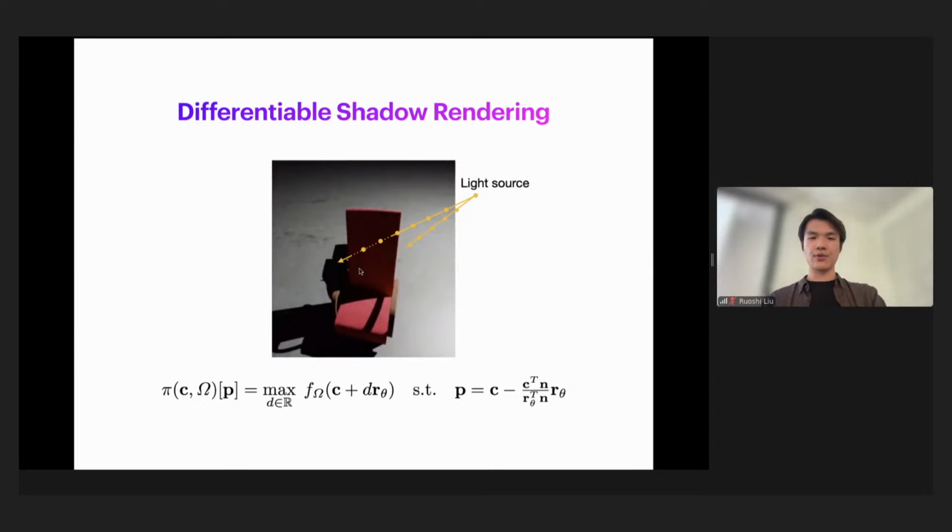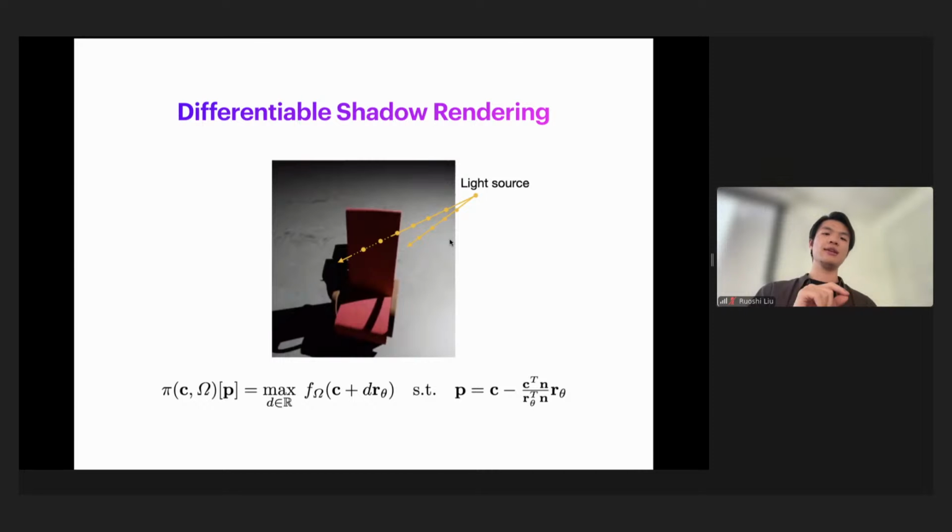With the light source, for every pixel in your image you shoot out a ray, and whether there's a shadow depends on whether that ray, densely sampled along its length, is blocked by the object. If a ray is blocked by the object, there's a shadow. If it's not blocked and hits the ground, there's no shadow.